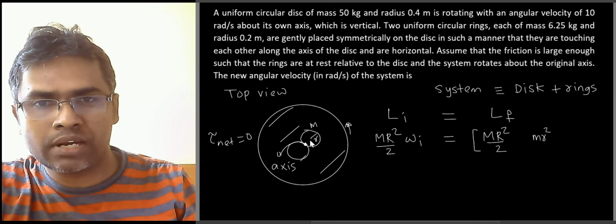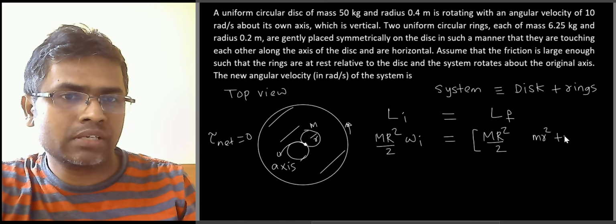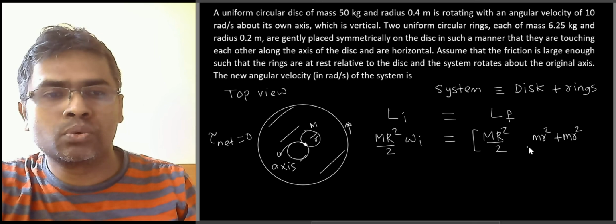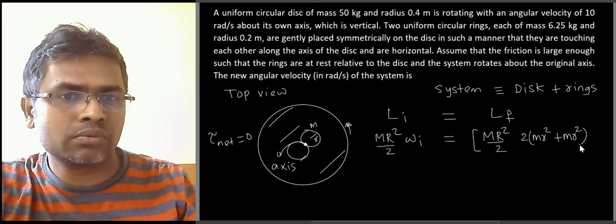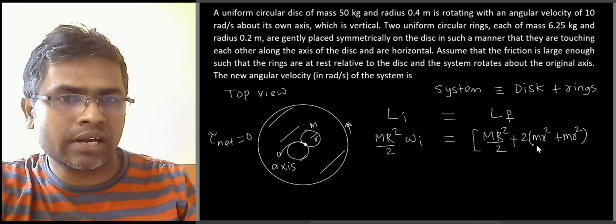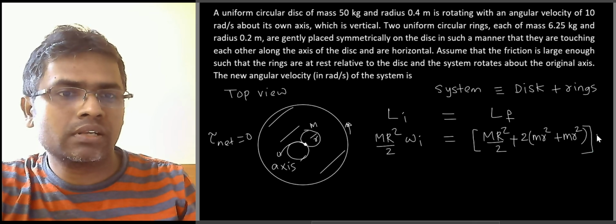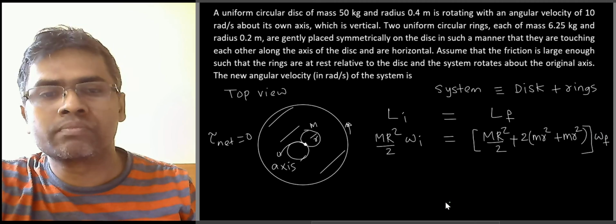But here we have to use parallel axis theorem, so I have to add m d square. In this case, d is r, so we'll have to add m r square. And again, we have two identical rings, so this should be multiplied by 2, and then this gets added to the overall moment of inertia. And then we have this final angular velocity.